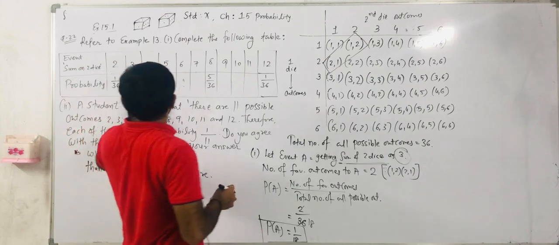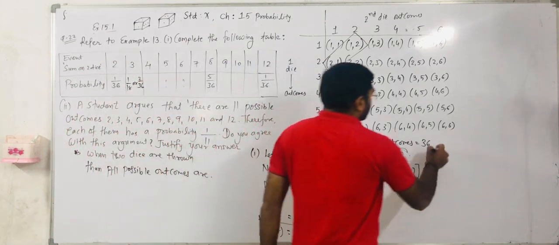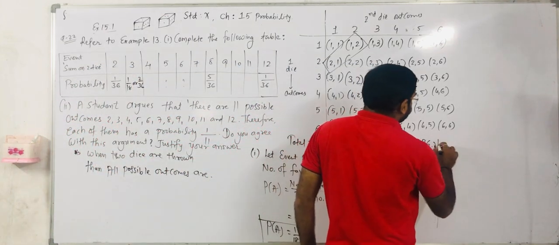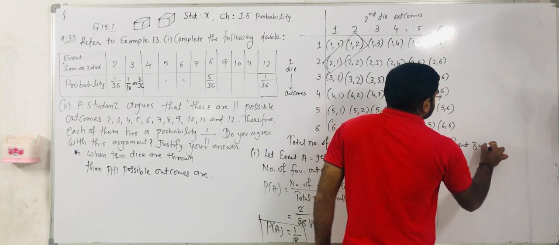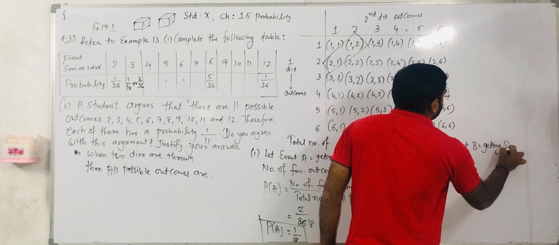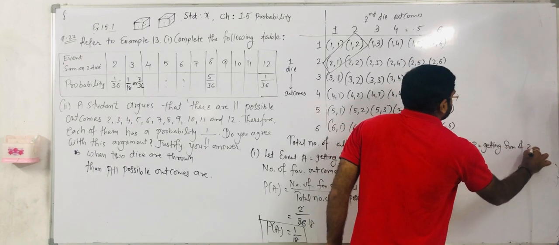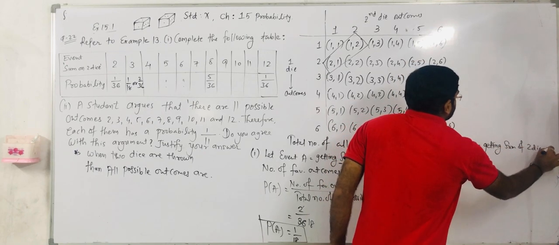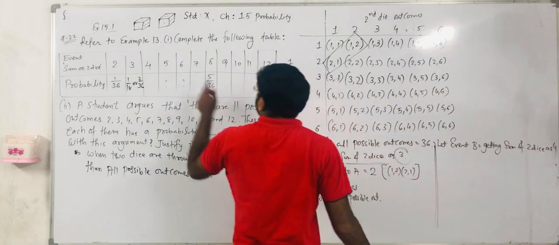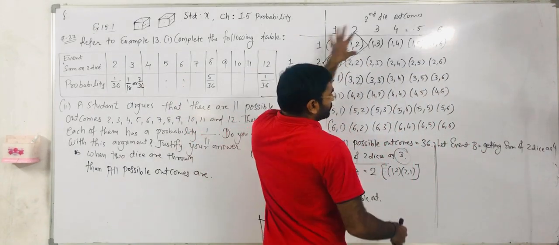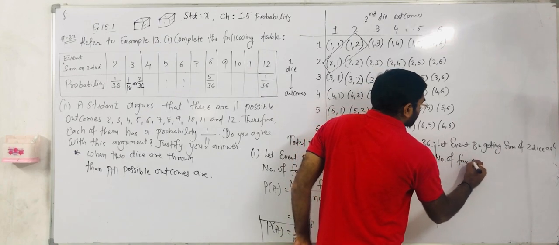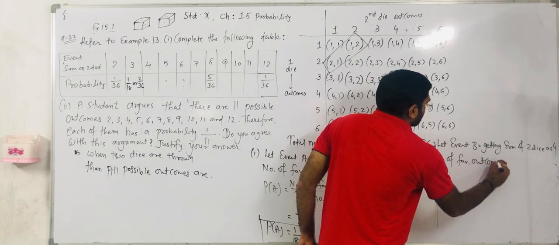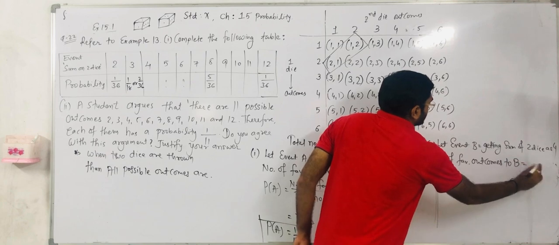Okay. Same way we have to find the summation on two dice as a 4. So let me take an event. Let event B be getting the sum of two dice as 4. Right? So in the possible outcomes we have to check its number of favorable outcomes. In how many outcomes we get the summation as a 4?